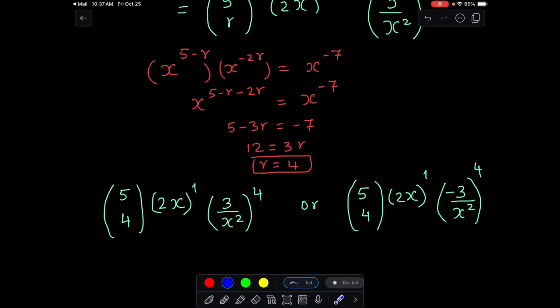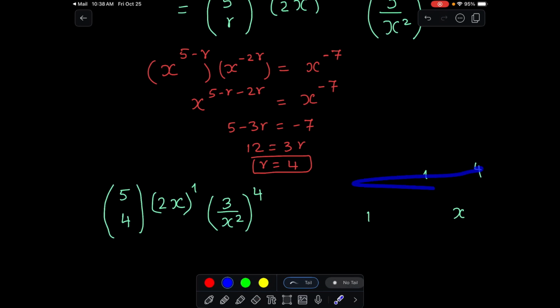So it's not necessary for you to write these two different equations. You need to focus on the power. The power here is an even power, so it doesn't really matter whether you choose -3 or +3, you're going to get the same answer. So you could just ignore this.